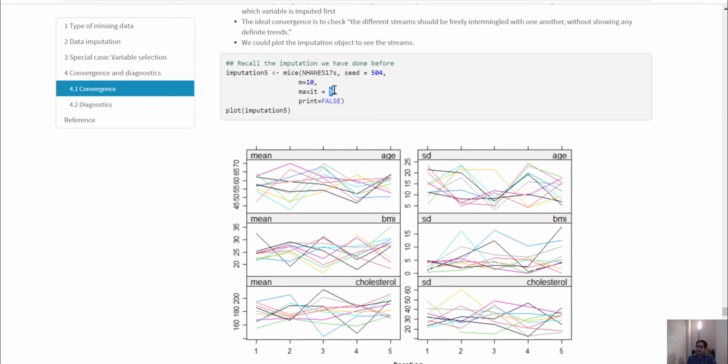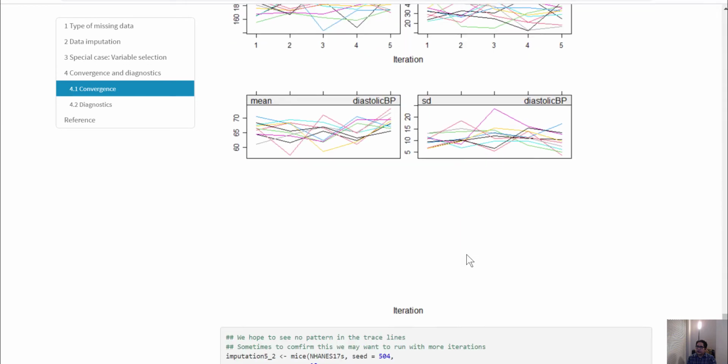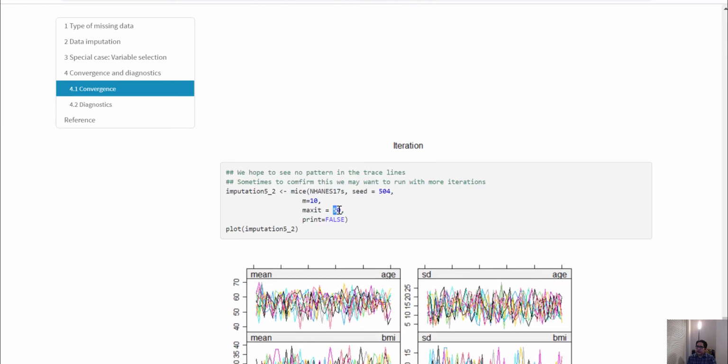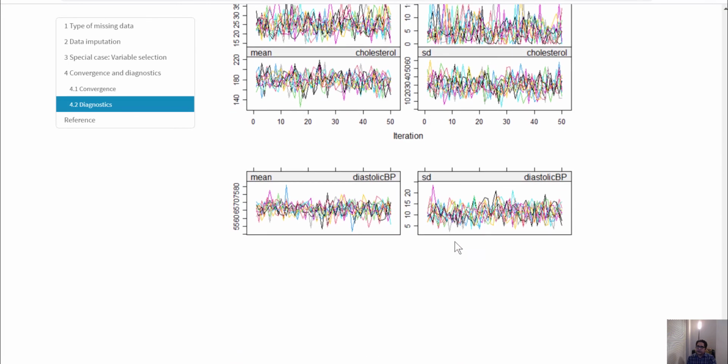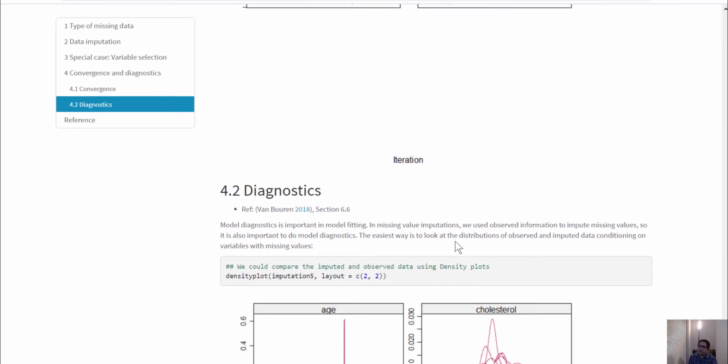In that case, generally it is a very good idea to increase the number of iterations and then try to see whether there is anything that is jumping out totally from all of the others. By inspecting these visually, it does not look like something is going horribly wrong here or has a pattern here. Alright, so that was for convergence.